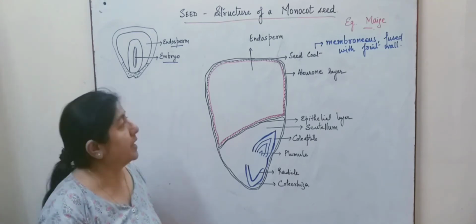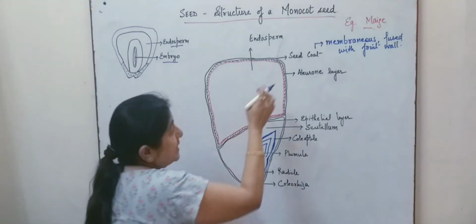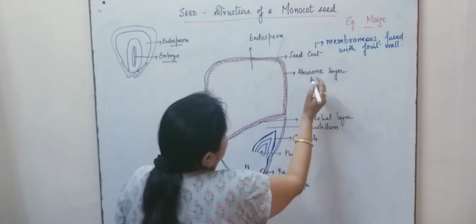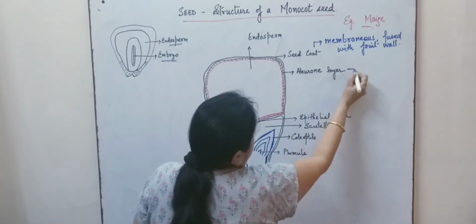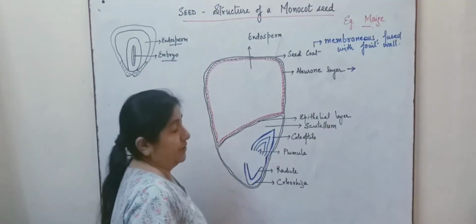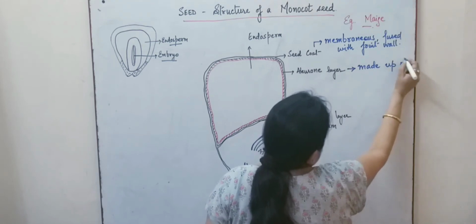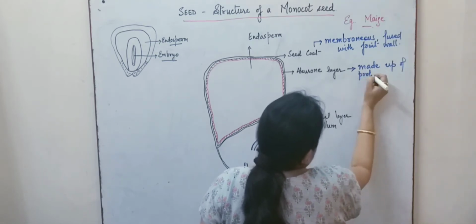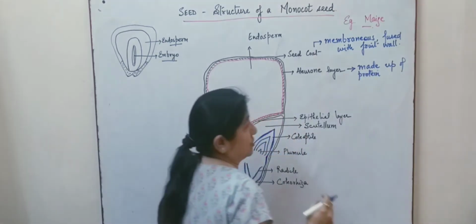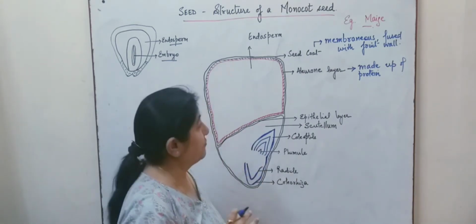to the developing embryo. The seed coat has, on its inside, a layer which is known as the aleurone layer. This aleurone layer is made up of protein. So this layer, which is proteinaceous in nature, has a definite significance.